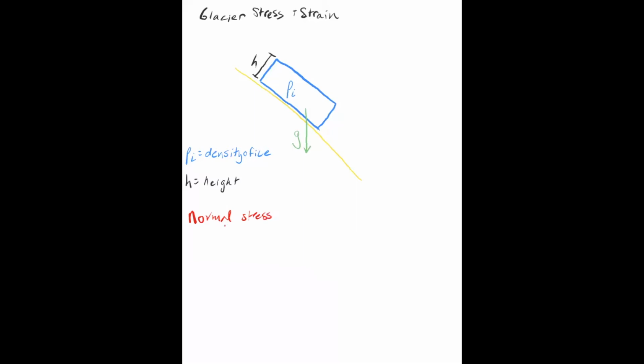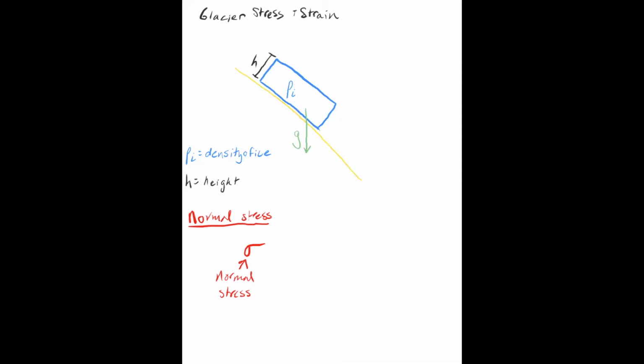And so this value, which we denote with this nice little sigma, as we just talked about, normal stress is perpendicular to our surface, and it is stress, so it is how the material is responding to external forces. And we just drew up on our diagram a lot of these external forces.